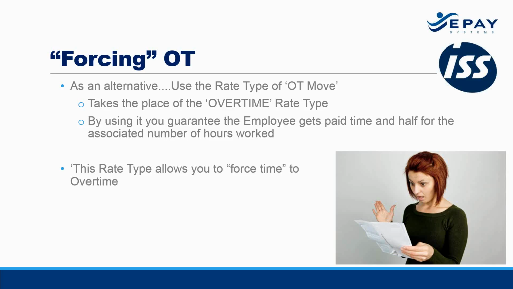So the OT rule gets thrown out the window because you've overridden it by forcing the overtime. I stress that because in an age where we want to pay attention to overtime and make sure that our employees aren't getting paid more than what they're due, and obviously in turn that they're paid correctly, we should not be forcing overtime, just like I mentioned.